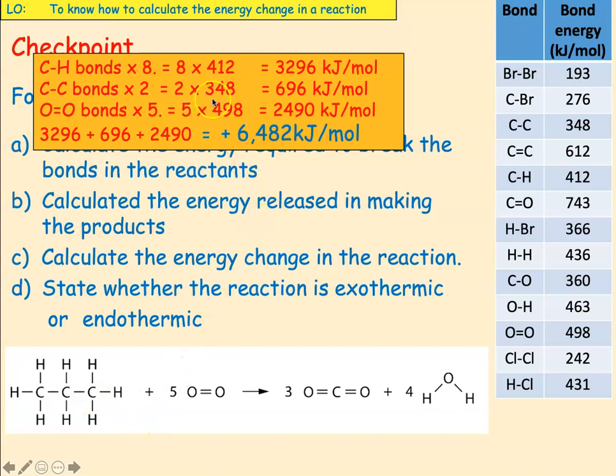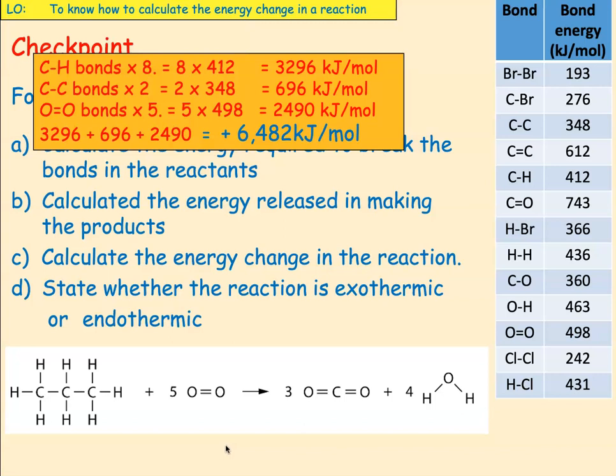So 2 times 348 gives us 696. And we've got 5 O double bond O bonds. So 5 times 498, 2,490. Add those all up and you get 6,482 kilojoules per mole.